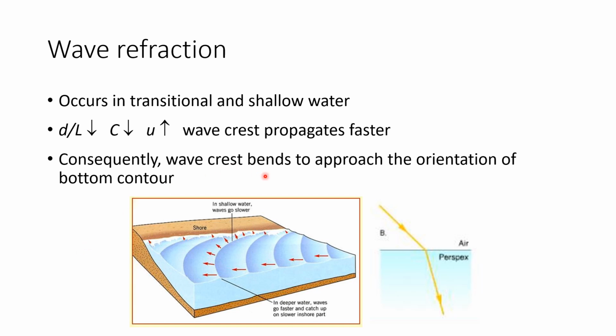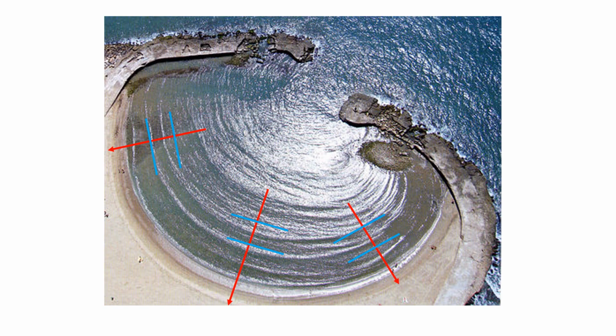So the consequence is the wave crest will bend to approach the orientation of the bottom contour, assuming that the bottom contour, the changes of the water depth, is parallel to the shoreline. This figure shows a very interesting phenomenon of refraction. Let's assume this part is deep water and this part shallow water.